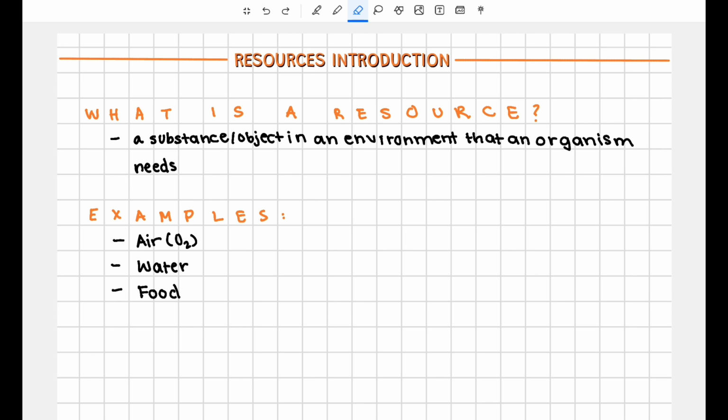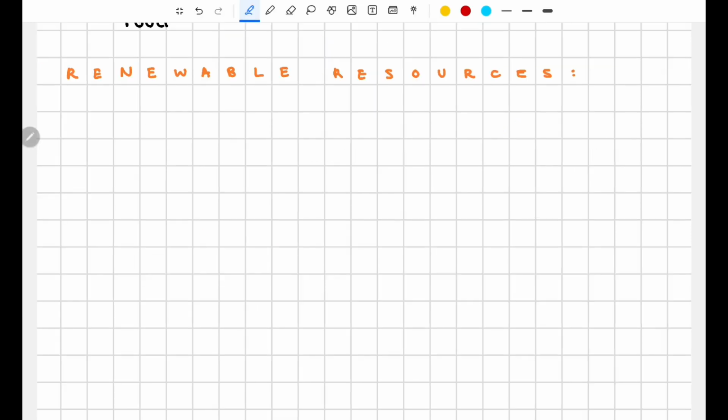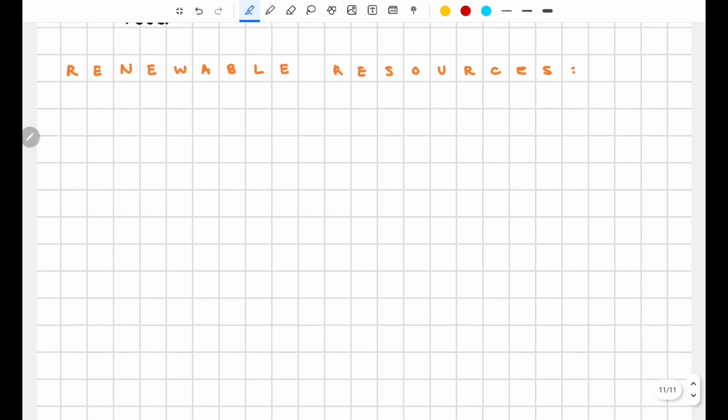And now we can talk about two specific categories of resources and how there's maybe benefits to either one and what we can do so that we can conserve the resources we need for further generations. The first category of resources we're going to talk about are renewable resources. Renewable resources can regenerate and they can be replenished by nature.